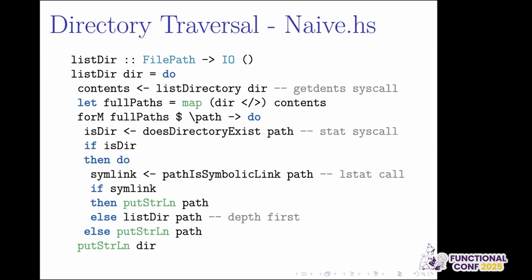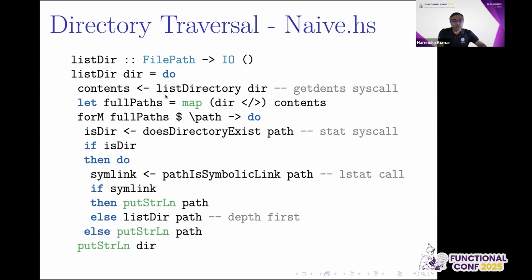Yes, it's visible. Yeah, so here we have a list directory call, which gives us the contents of the directory, and the underlying system call is getdents on Linux. We are talking about Linux in most of the talk. This program will run on Linux.